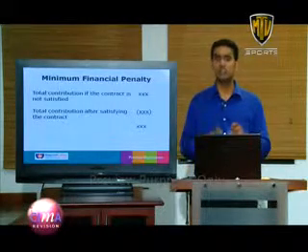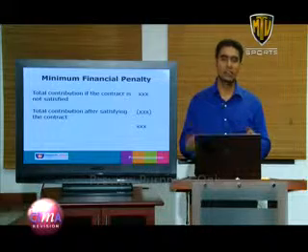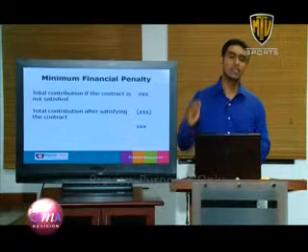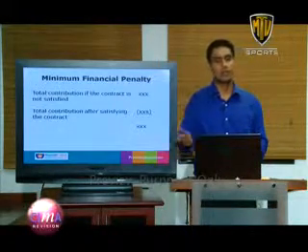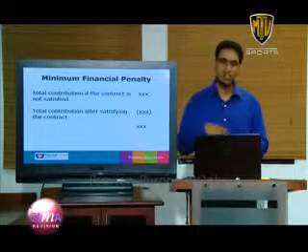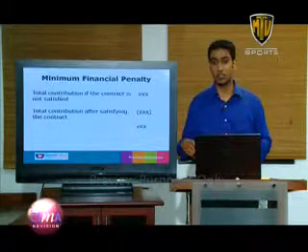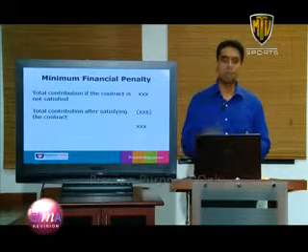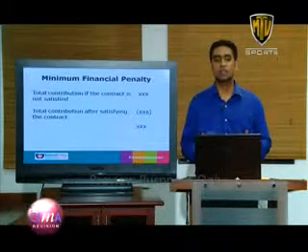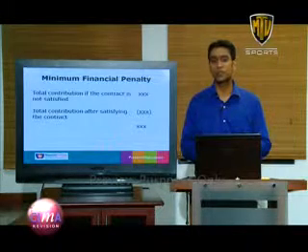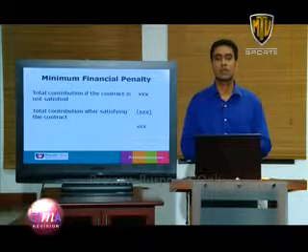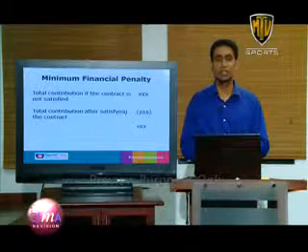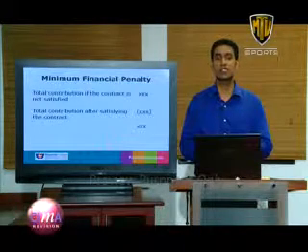So the difference between the two is effectively the financial penalty that the other party would have to pay to make sure that we stick with the contract. This is also the maximum that we would be willing to pay in terms of a penalty, right? If the penalty is anything lower than this, we'd be very happy to just skip the contract.